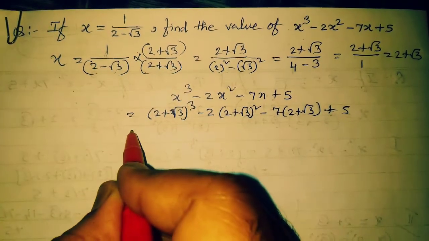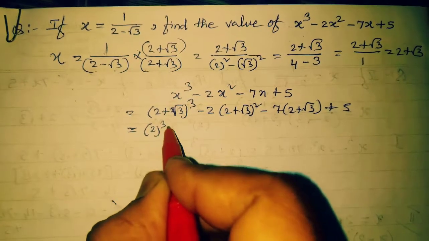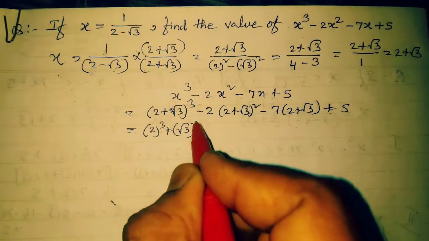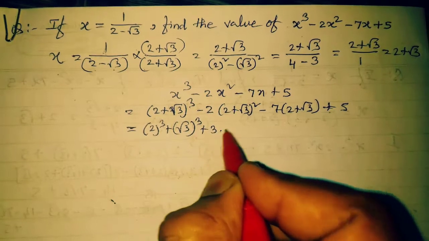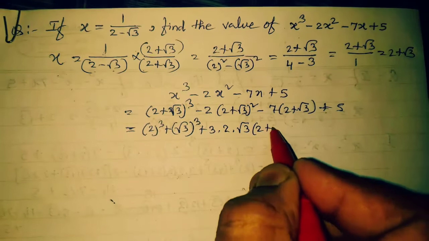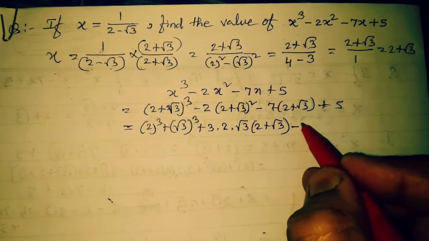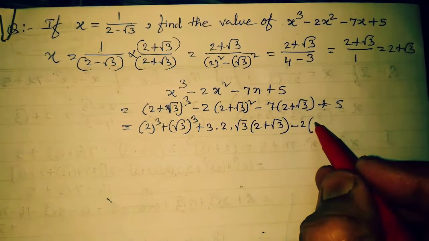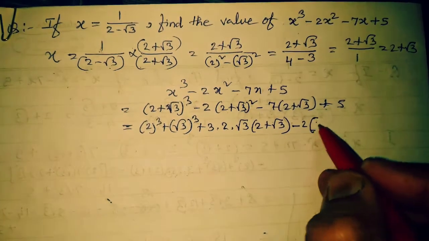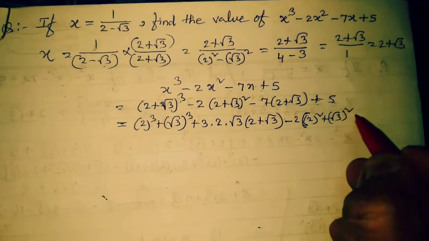If you use the formula (a plus b) whole cube, we'll get a cube plus b cube plus 3ab, that means 3 into 2 into root 3 under bracket 2 plus root 3. And here minus 2 into 2's whole square plus root 3's whole square and plus what?